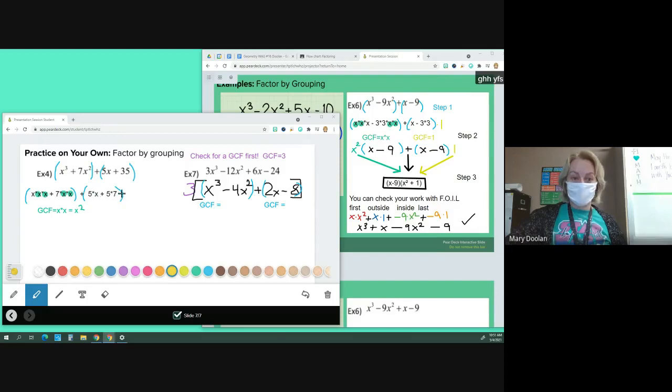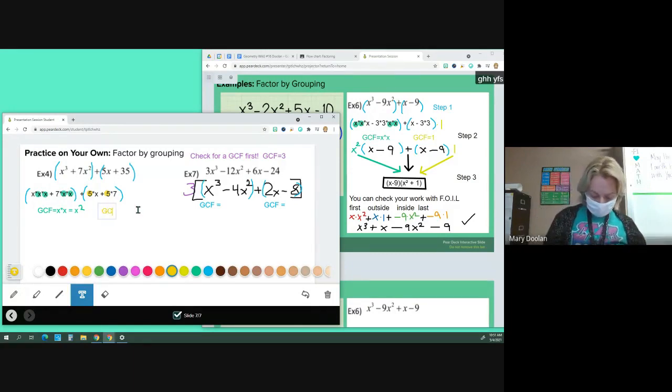It's a number. They both have the same number as a factor. This term and this term. Yes, 5. 5 and 5. So my GCF here is 5.